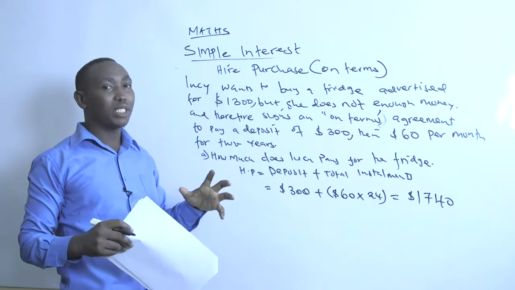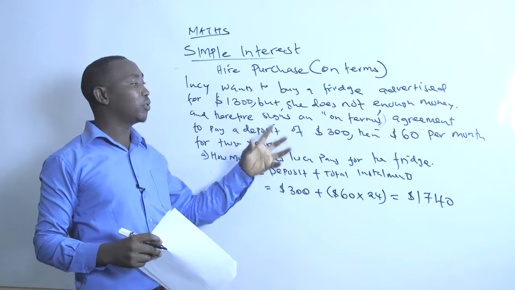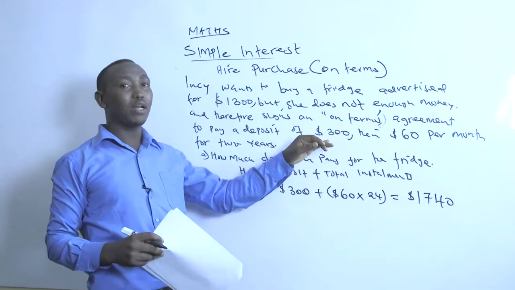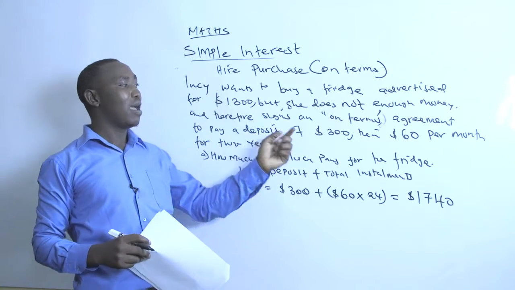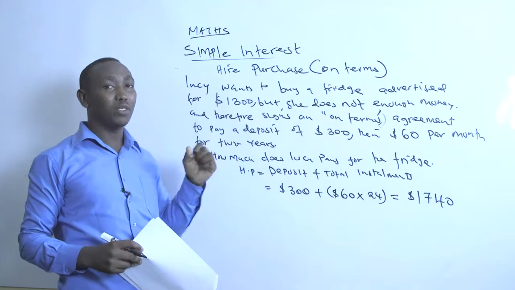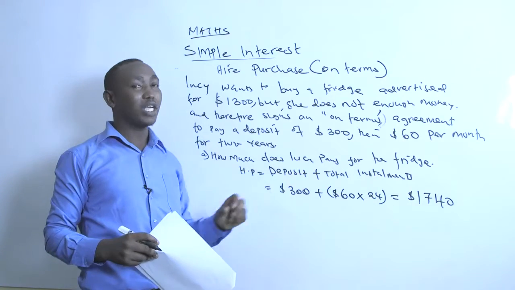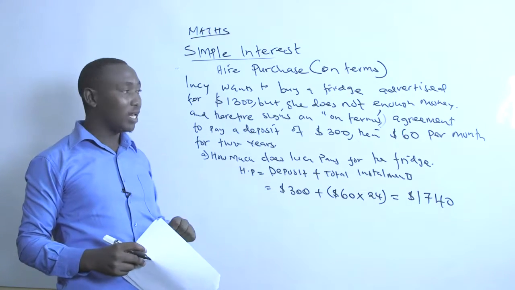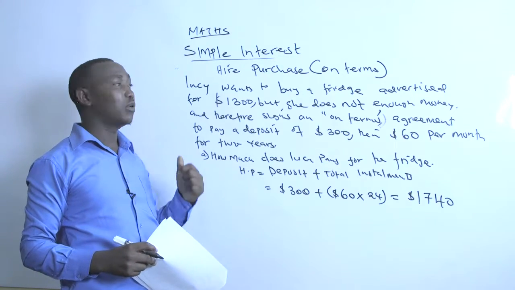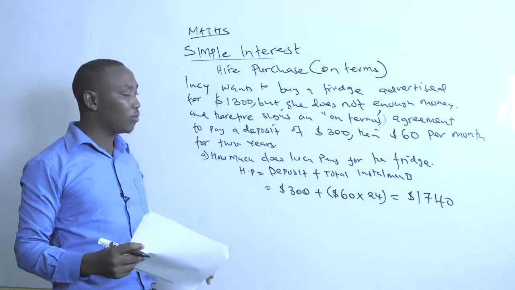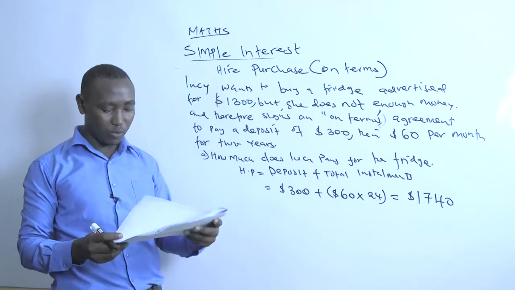That means there's some amount of money that you had borrowed. In this instance, after paying the deposit of $300, Lucy had borrowed a total of $1,300 minus 300, which is equivalent to $1,000. So the amount above the cash price, what we call the carrying charge, is what will be referred to as the interest that will have accrued on that $1,000 borrowed by Lucy.